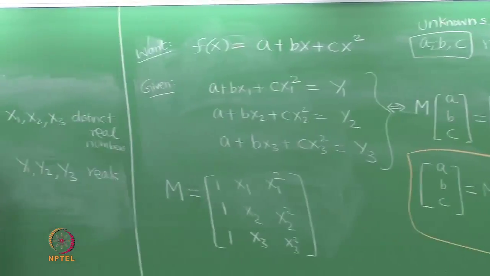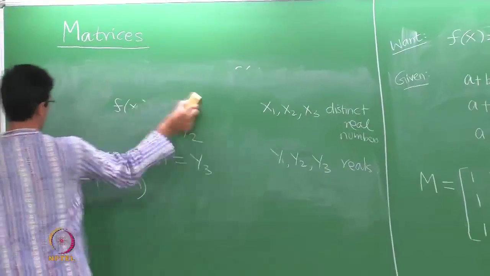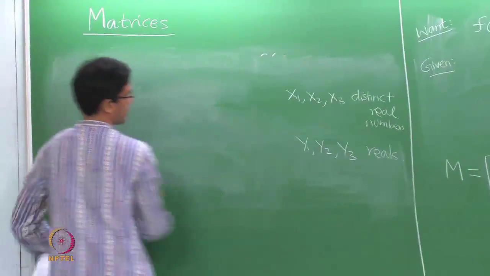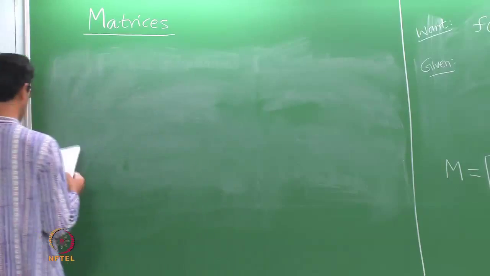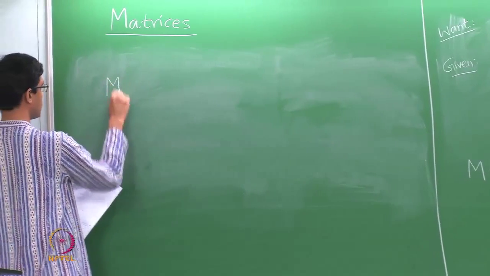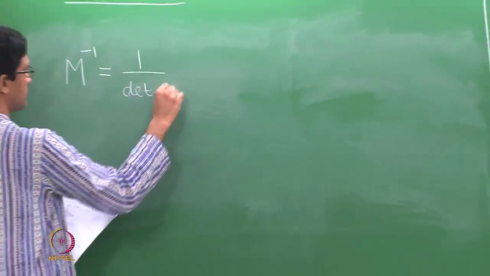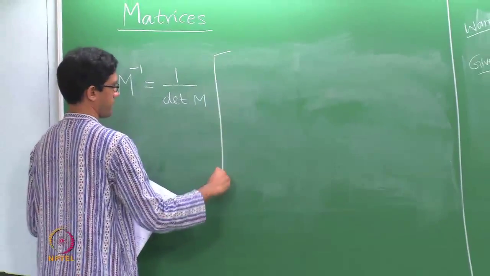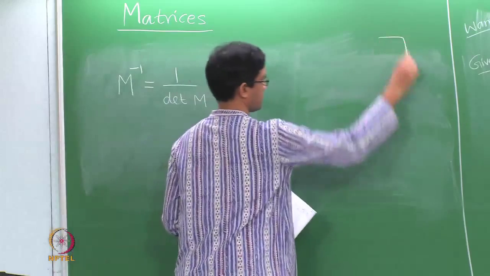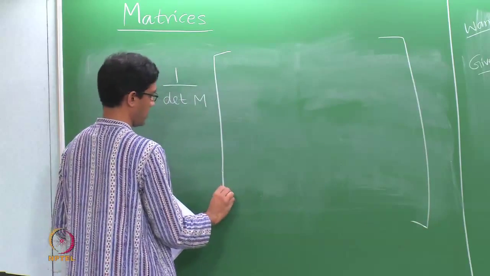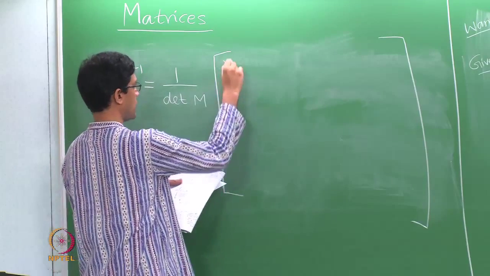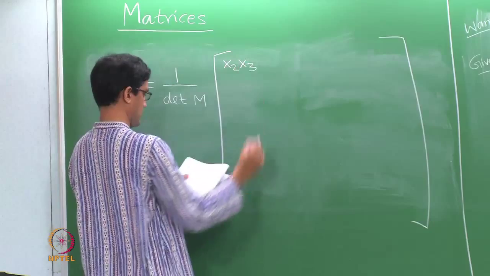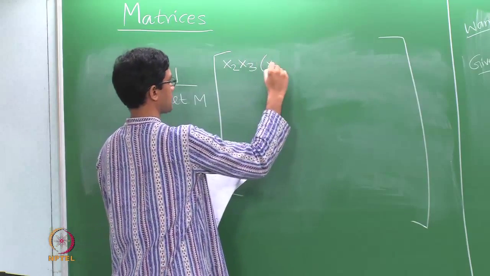So let me just tell you what the inverse of M looks like. I won't write all 9 entries, maybe just the entries in the first column. So the claim is the inverse of M is 1 by determinant of M times the matrix C that I wrote out, and here are the entries of the first column of C. It is x2 x3, times x3 minus x2.